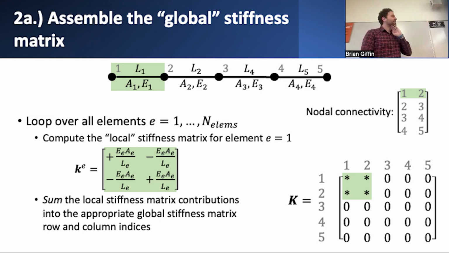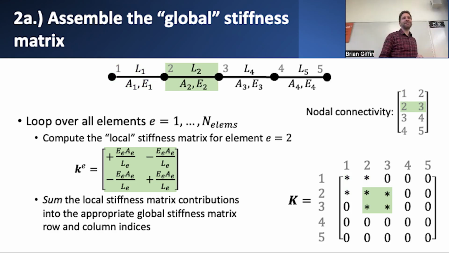So for example, if I were looping over these different elements in the structure, starting with element number 1, I can compute what is the element local stiffness matrix, that small 2x2 array, and I can determine how it should fit into the appropriate locations of the global stiffness matrix by noting the nodal connectivity of this particular element. So element number 1 has nodes 1 and 2, which means that I'm going to be summing these entries into row and column 1 and 2.